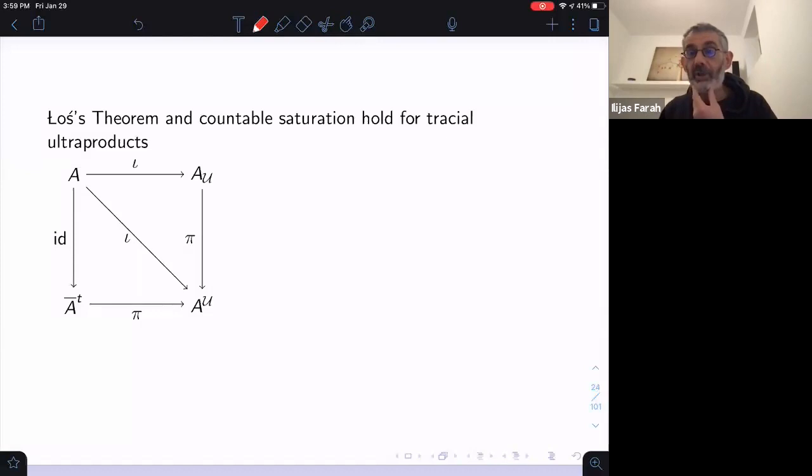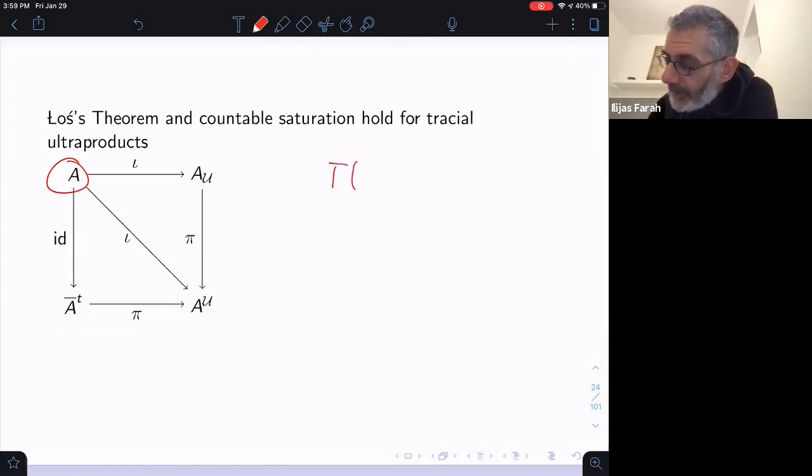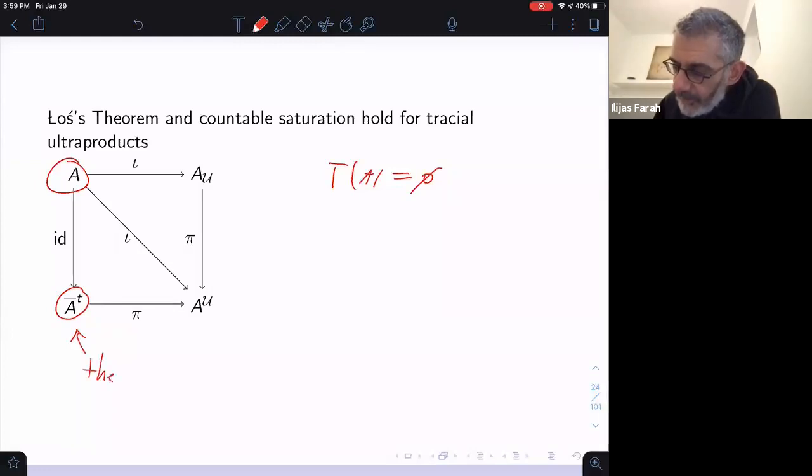Now, here is a picture of what is going on. Here we have our C*-algebra A. The tracial space is non-empty and compact because A is unital. Now, what I have here is the completion in this uniform two-norm.